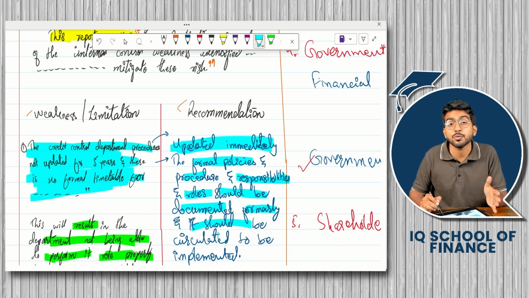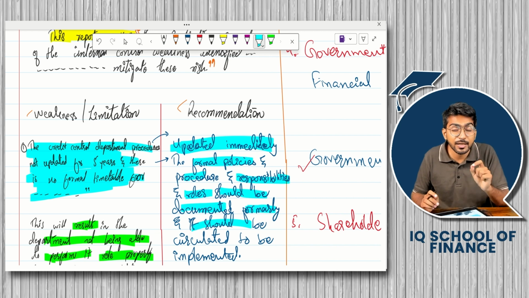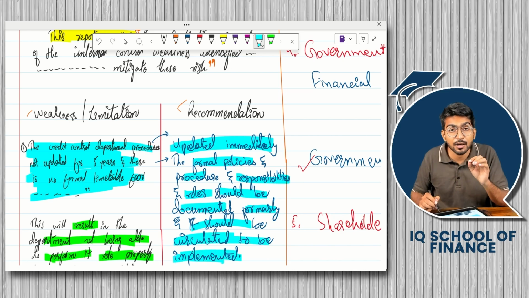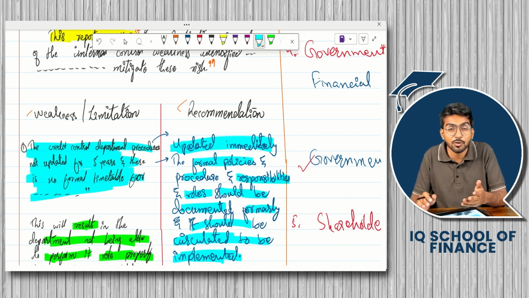You are not supposed to only update them and keep them to yourself. Circulate them to all the relevant members or staff of the credit control department, and they should be circulated and implemented from the immediate day, right? It is not that we are either just making them and keeping them to ourselves, or we are circulating but not implementing.